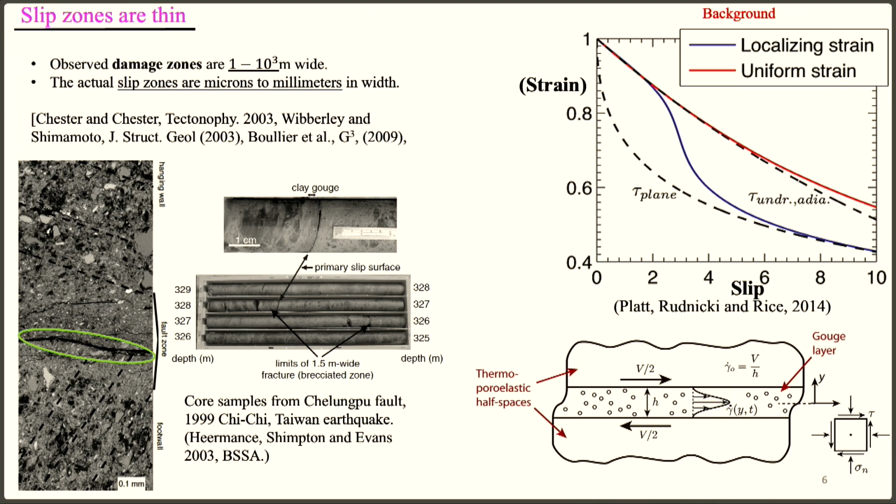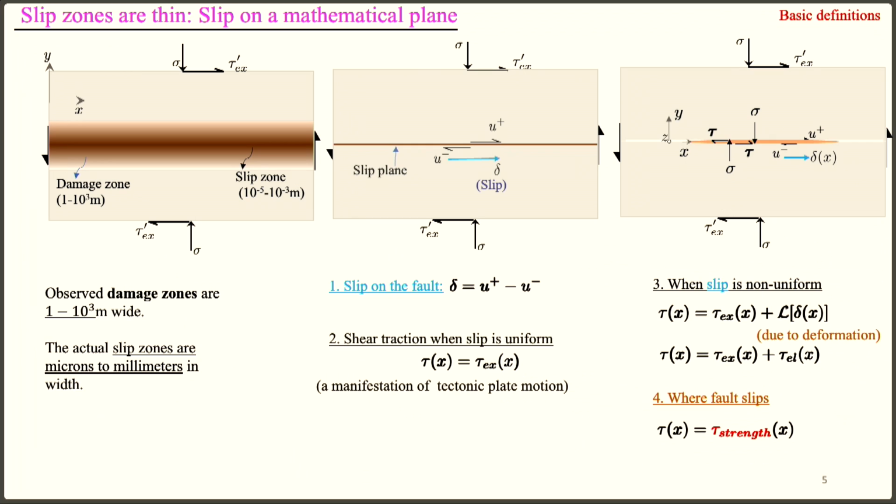It is also observed from core studies that there are damage zones, but the actual slip zones seem very thin. So not considering the damage zone is not a remarkable oversimplification. It has quite a bit in it.